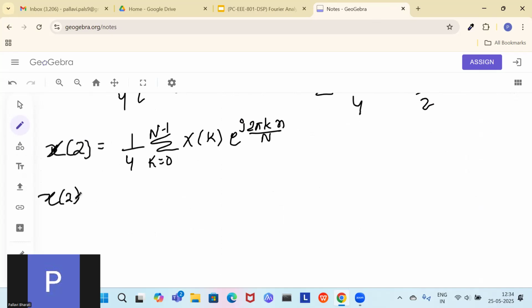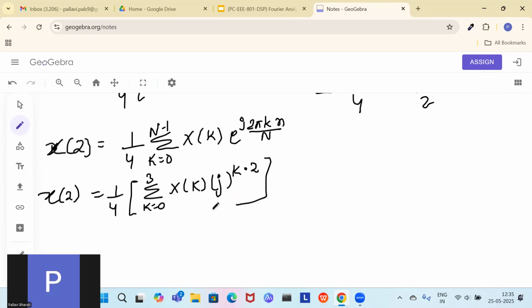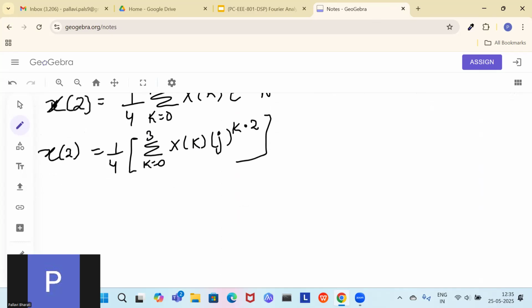Now we will be writing x2 as 1 by 4, sum over k equals 0 to 3, X of k, j to the power, k is going to change, but n is 2, so we'll write 2k.